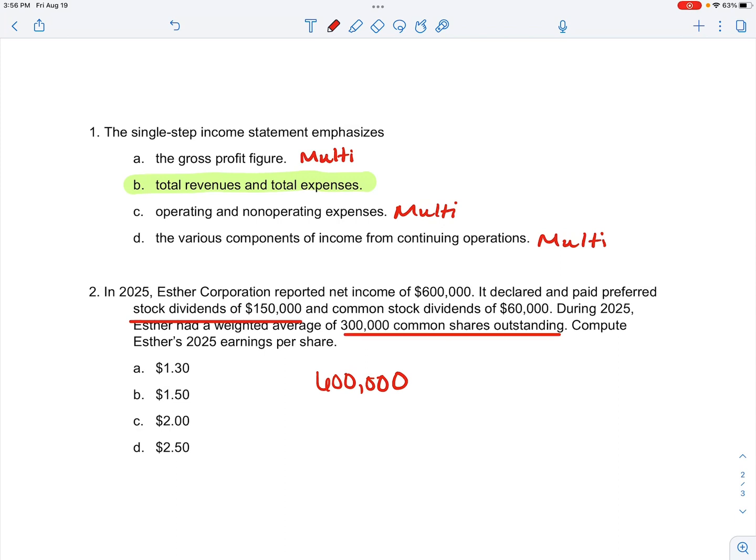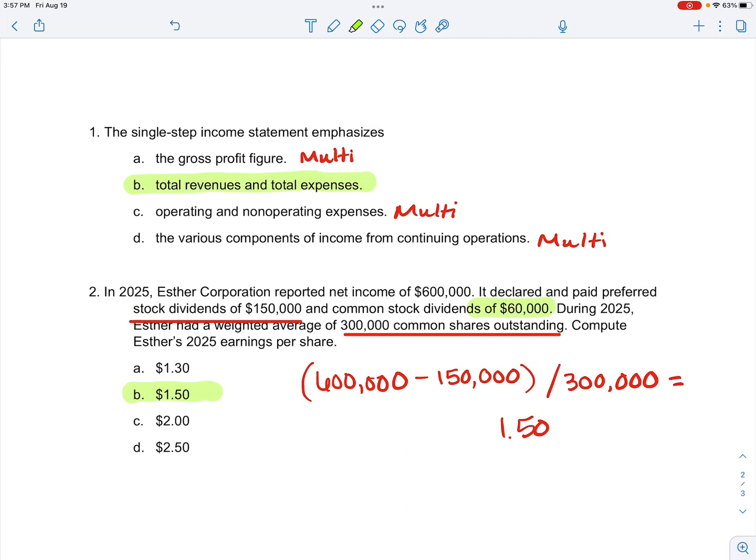So the question here really is, do you know that you did not need this part? What we need to do is subtract out the amount that goes to those preferred stockholders, and then we'll go ahead and divide by those shares. And that's going to give me $1.50. So therefore my answer would be $1.50.